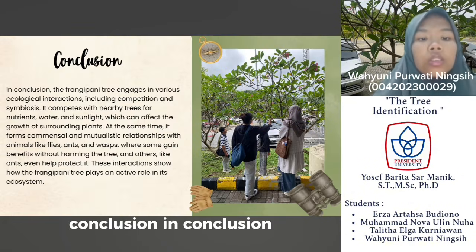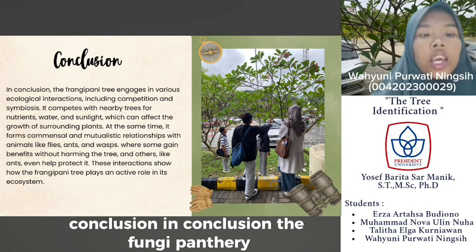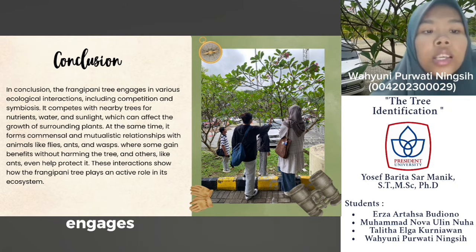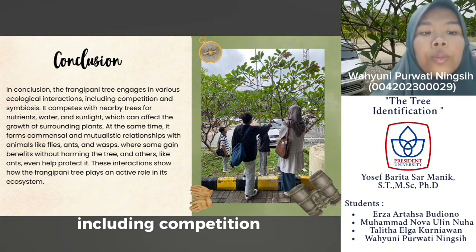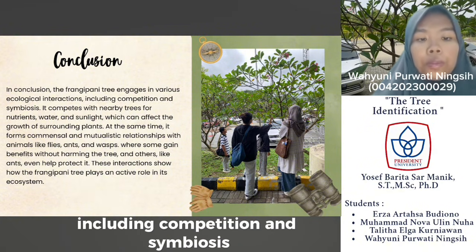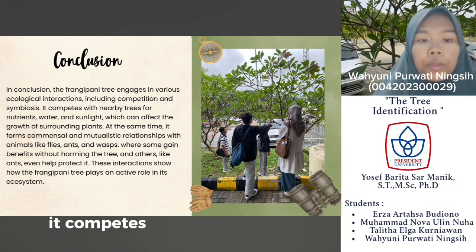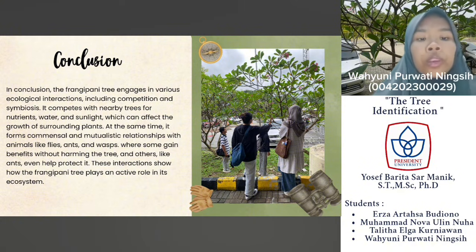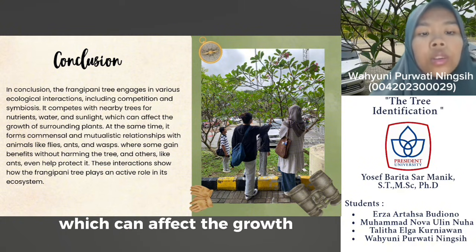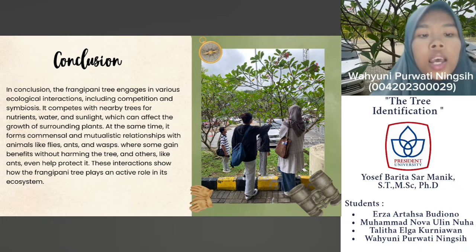Conclusion. In conclusion, the frangipani tree engages in various ecological interactions, including competition and symbiosis. It competes with nearby trees for nutrients, water, and sunlight, which can affect the growth of surrounding plants.